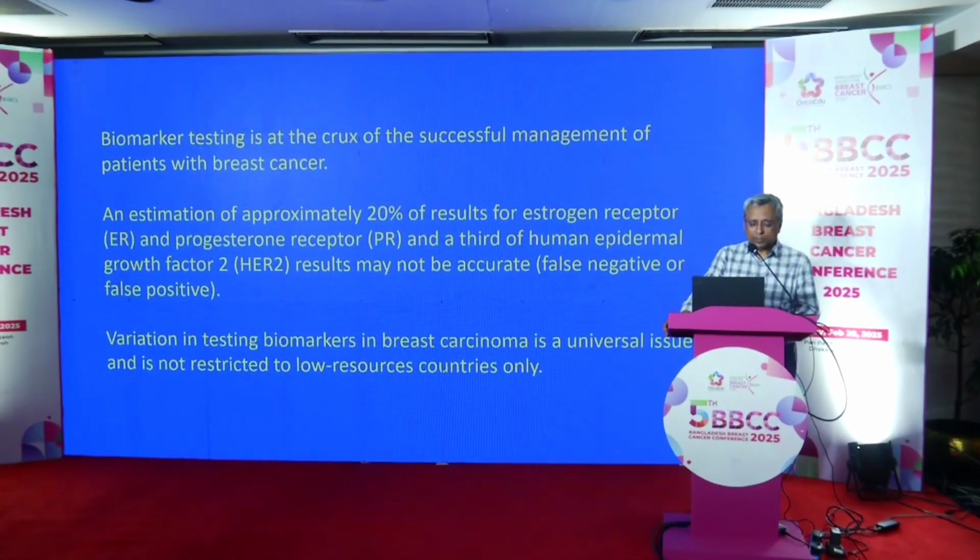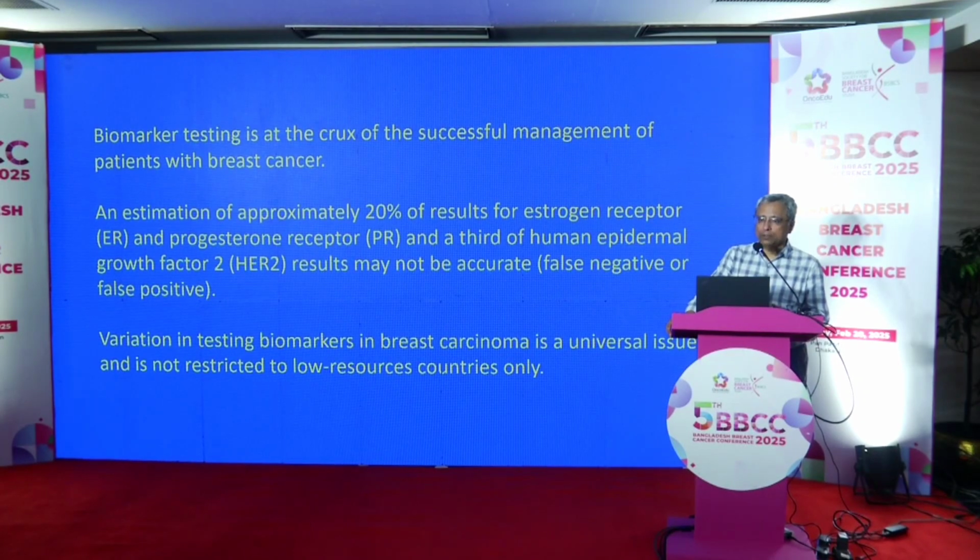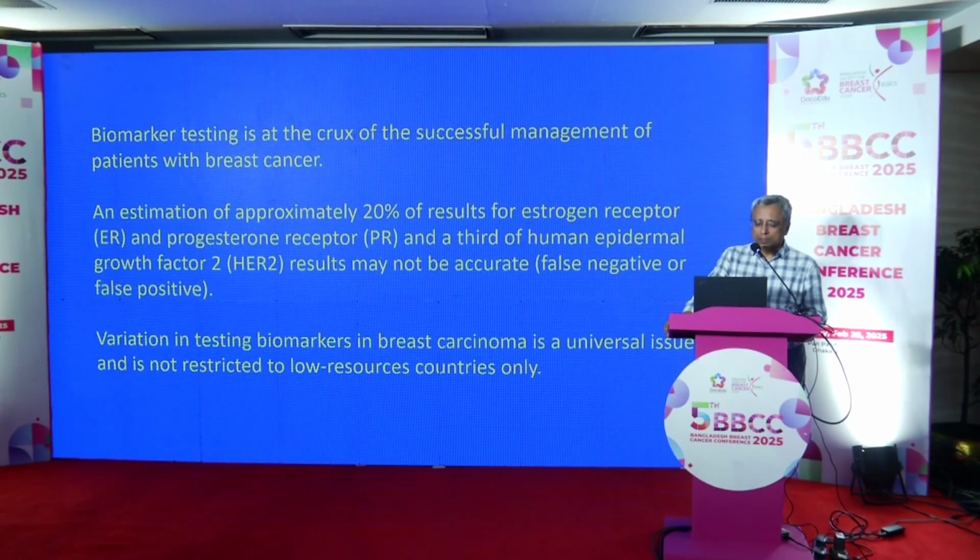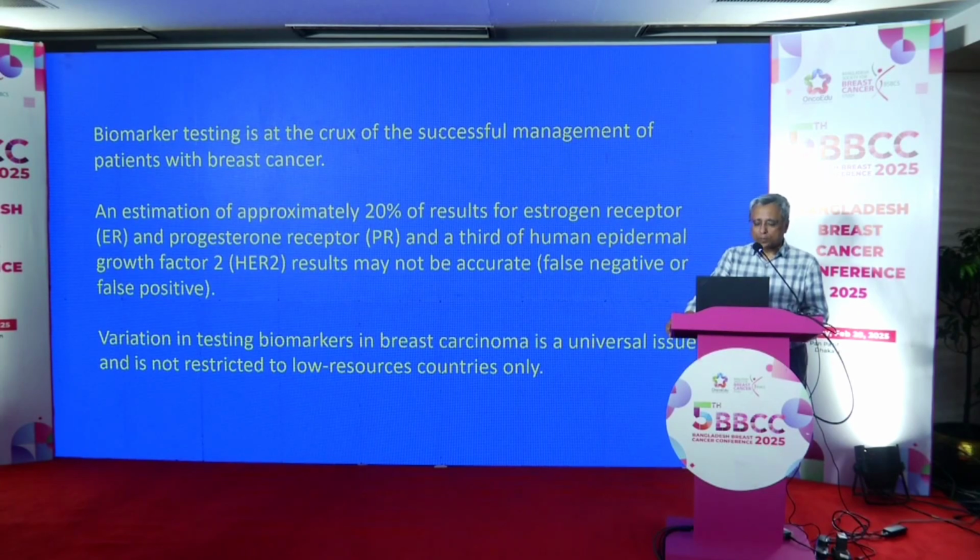Okay, so when we talk about biomarker testing, we know that especially for breast cancer, it's very vital for the management of all breast cancer subtypes. But the problem with biomarker assays, especially ER, PR, HER2, is that a lot of errors happen in these assays. As you can probably all know, around 20% of ER, PR assays and close to a third of HER2 results may not be accurate.